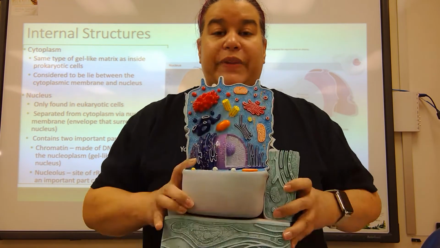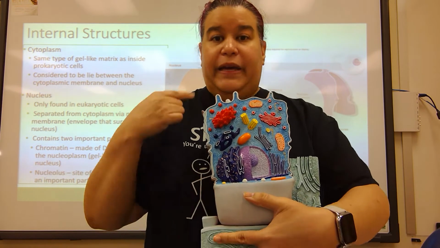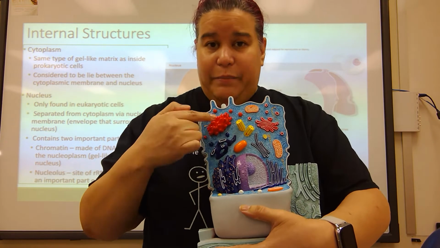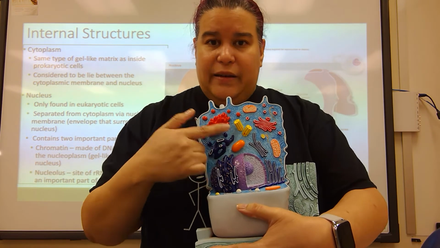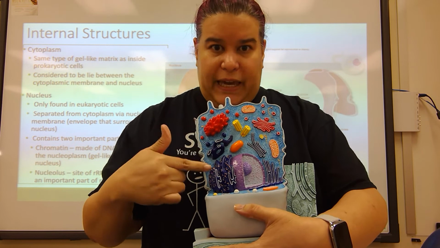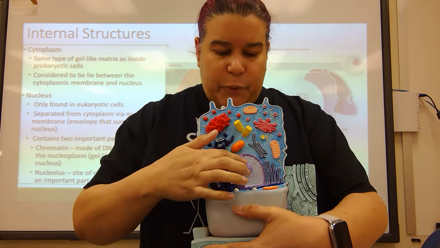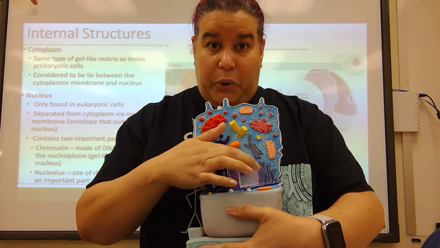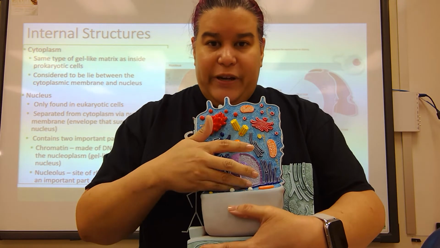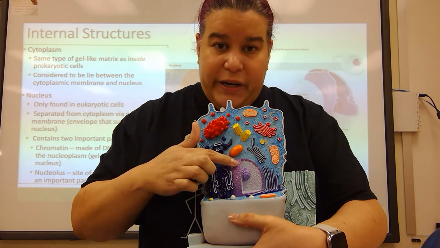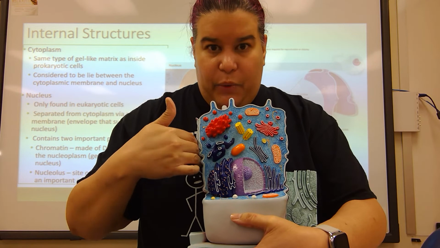So here's a cell, right? And it's a eukaryotic cell, and I can tell that because it's got a nucleus and it's got organelles. So the cytoplasm is pretty much, here's my nucleus in purple in the middle, everything between the membrane of this purple and the membrane of the cell.